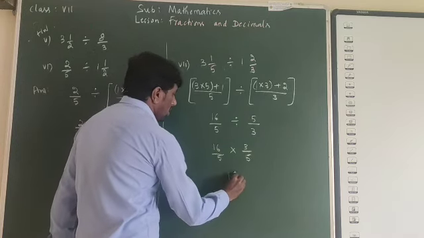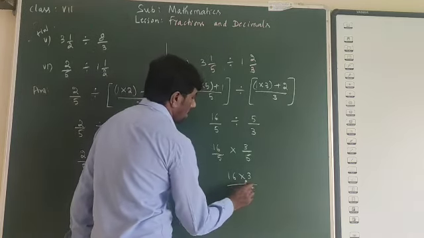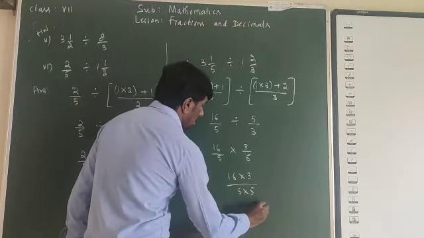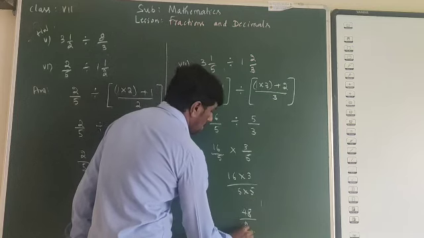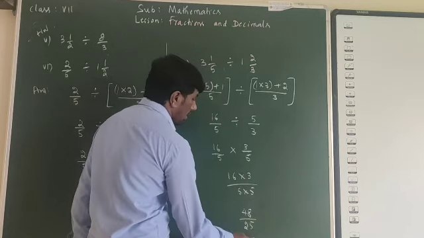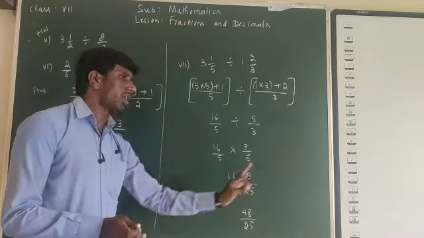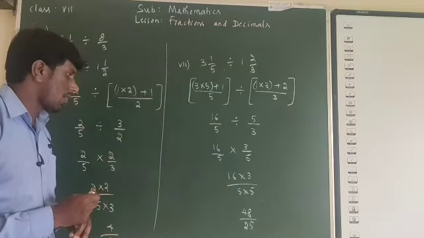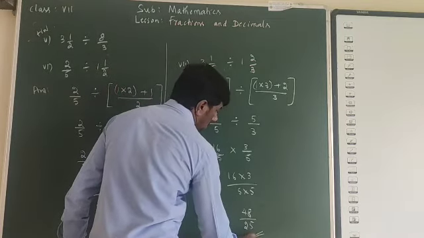Numerator multiplication: 16 into 3, denominator 5 into 5. So 16 3s are 48. 5 5s are 25. So this is 48 by 25, or otherwise we can convert it to a mixed fraction. You can write the answer in mixed fraction also. Okay, so this is the answer.